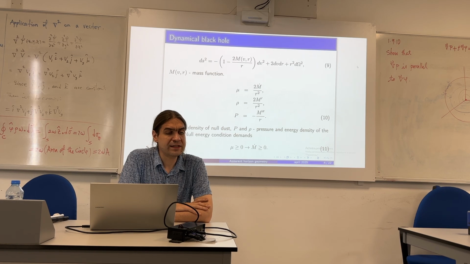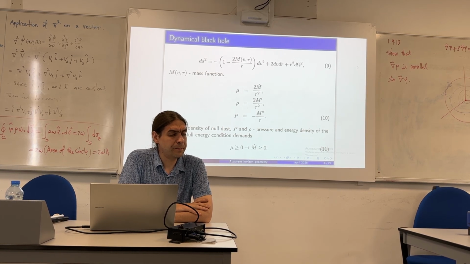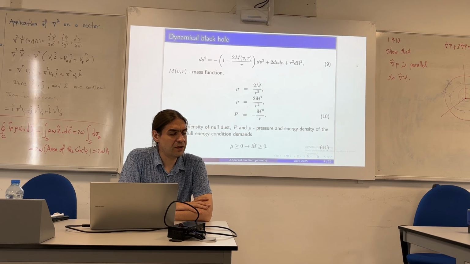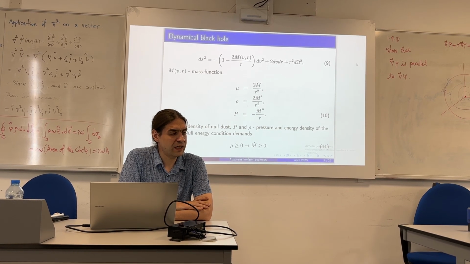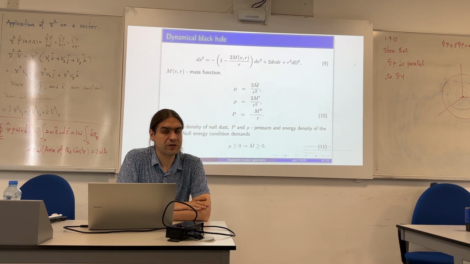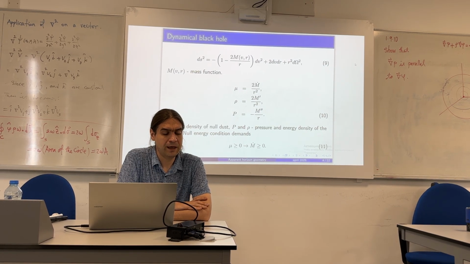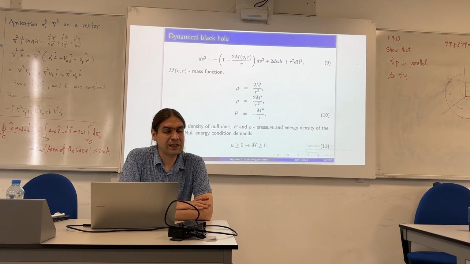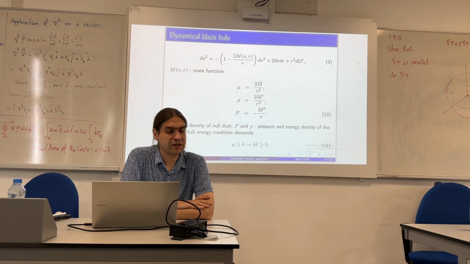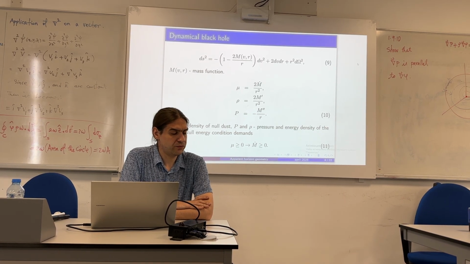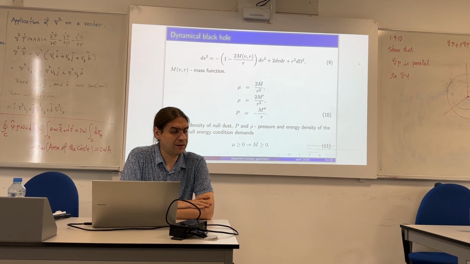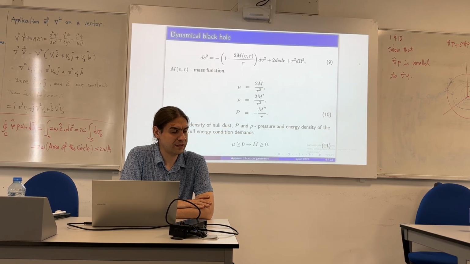And mu is the energy flux. You see, mu depends on m dot, where the dot means derivative with respect to time. So it means that if the mass function is growing, then mu is positive. If it's decreasing, then mu is negative.